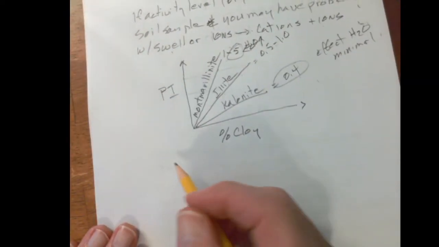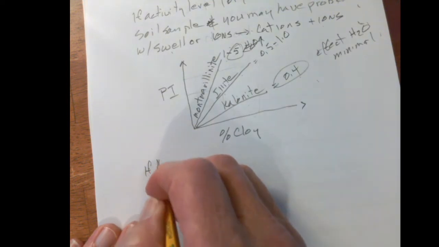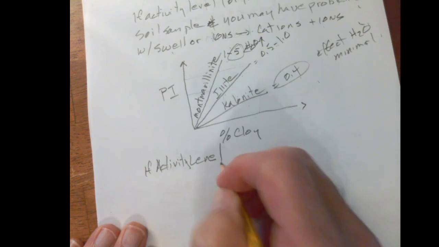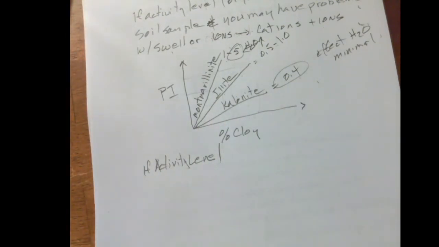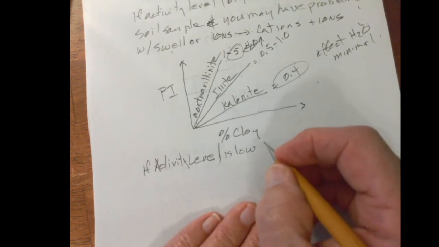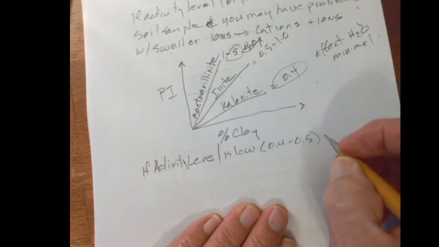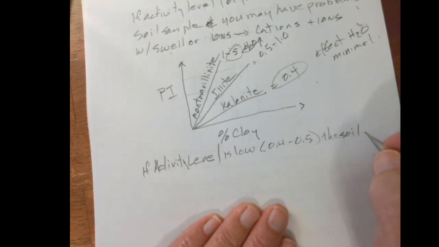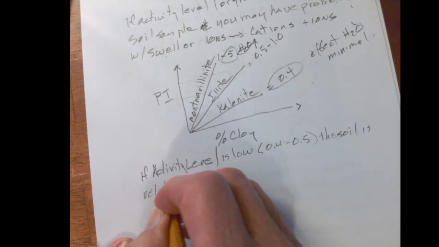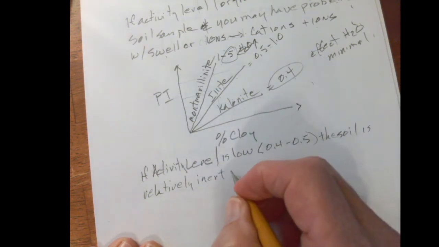But rule of thumb time. If the activity level is low, which is 0.4 to 0.5, the soil is relatively inert, and let's just call that quiet.